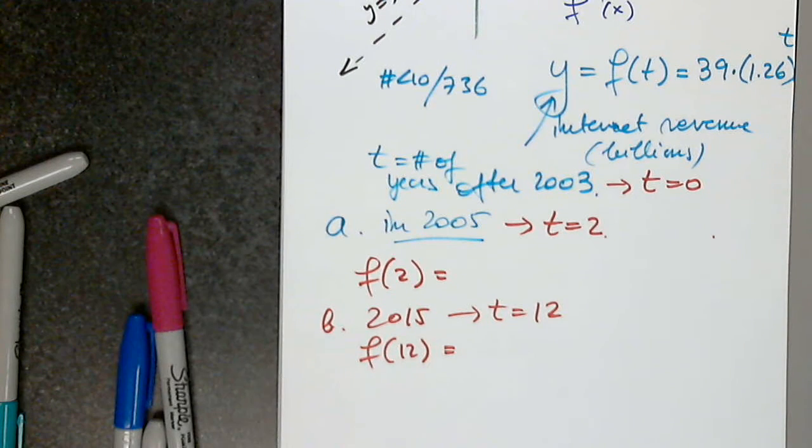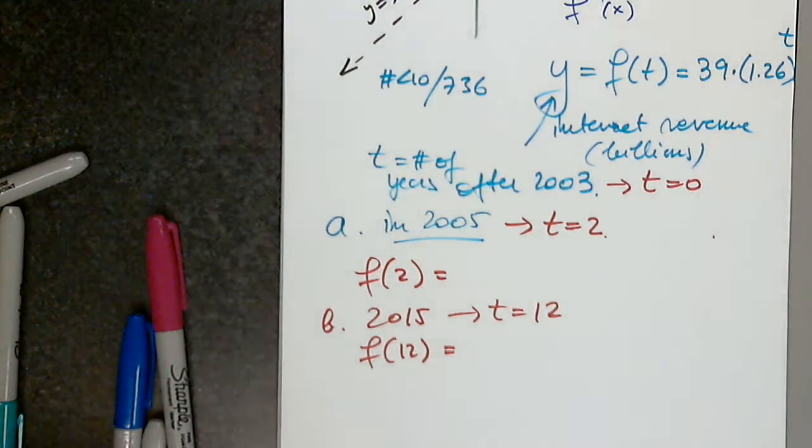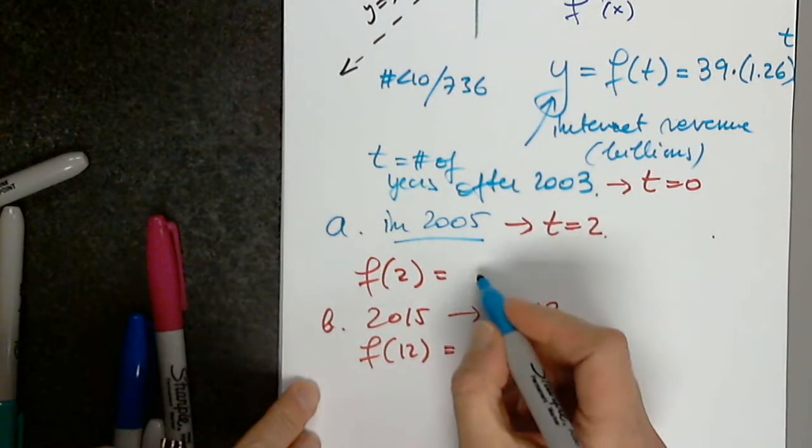Now we go to second and table. Again, what do we want to plug in for x? What did we say? 2. We want to plug in 2 and press enter. And we want to plug in 12 and press enter. Okay, so how many billions of dollars in 2005?